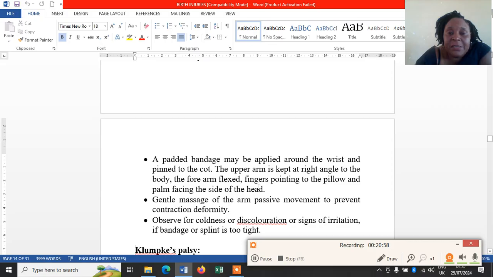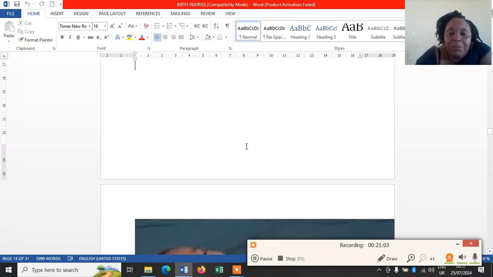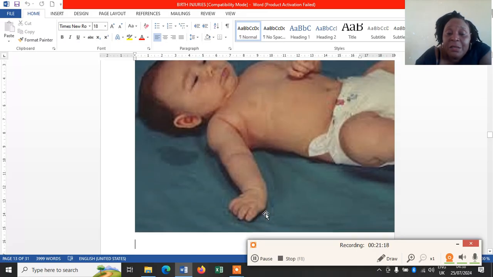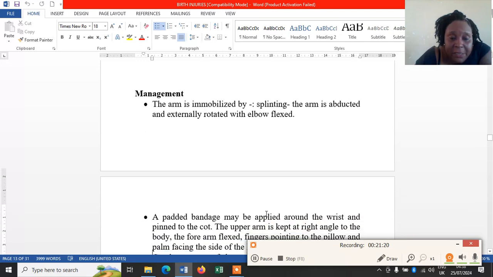So the hand will be brought back to the chest, and then this side will be turned, and these fingers will be facing up, and then they will be secured by a soft bandage.